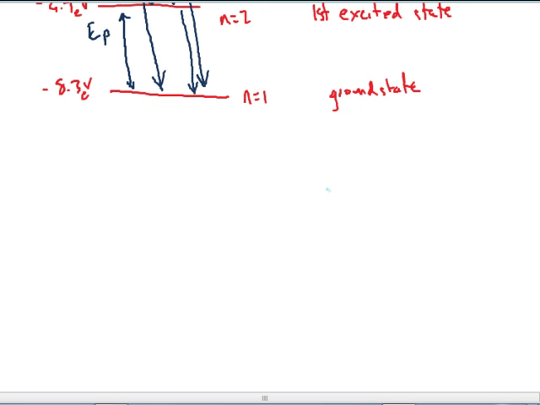The last thing then is this concept of standing waves. And this, again, helped to explain this concept of energy levels.